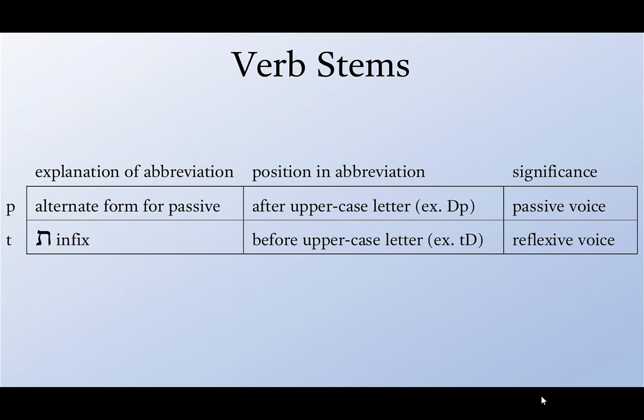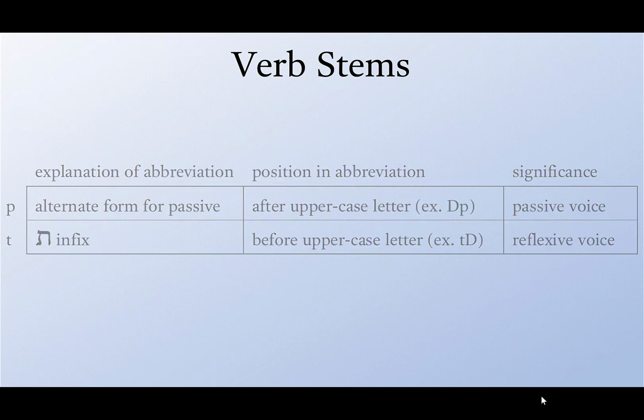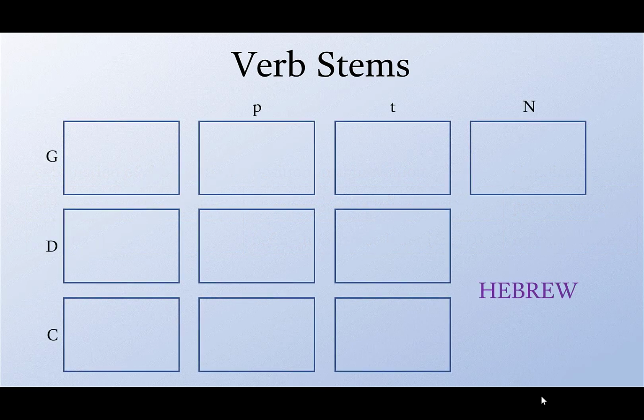This is Hitpael in biblical Hebrew. So to try to illustrate that better than just merely saying it, let's use this chart where you see on the left G, D, C, and then the N stem is off to the side. Okay, so G, D, C are the main kinds of stems, and then you see the small p and small t, which are variations of G, D, and C.